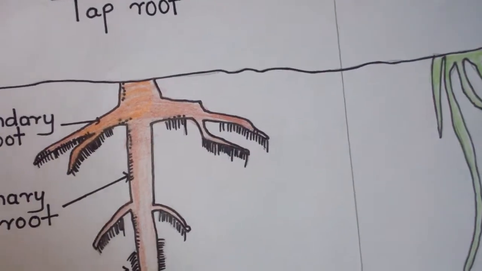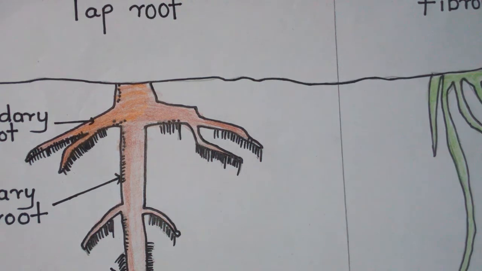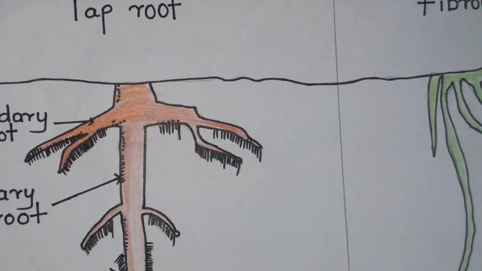See, students, the root that forms from the radicle grows into the ground and grows inside the ground. The root is thick near the ground and gradually tapers to a pointed end.